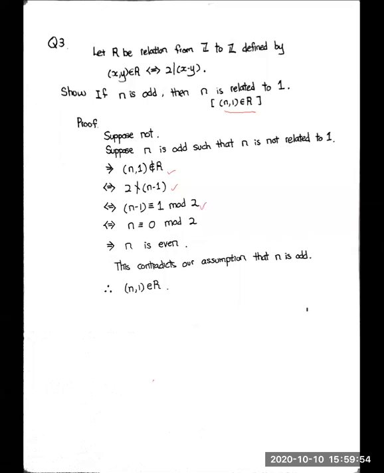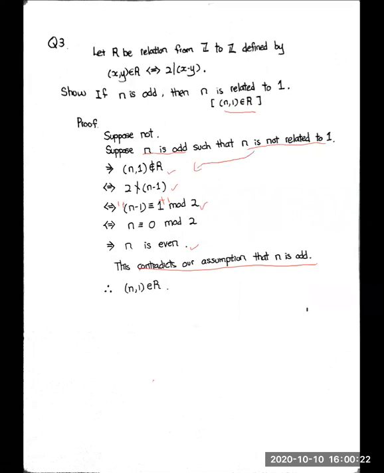Next, since modulo is closed under addition, we can add 1 on both sides to get n is congruent to 0 modulo 2. This implies that n must be an even number. This contradicts our assumption that n is odd and n is not related to 1.